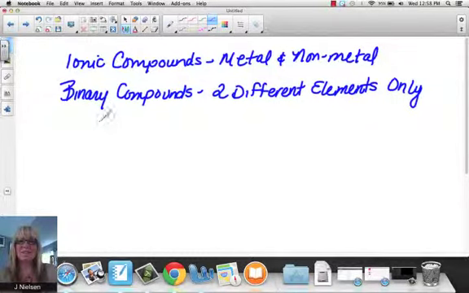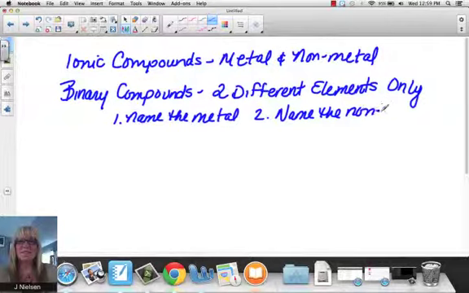To name an ionic compound, if it's a binary compound, you name the metal, and then name the nonmetal and change the ending to -ide.